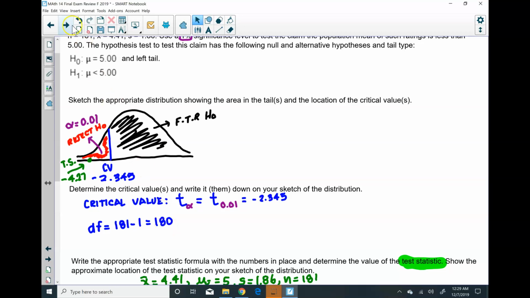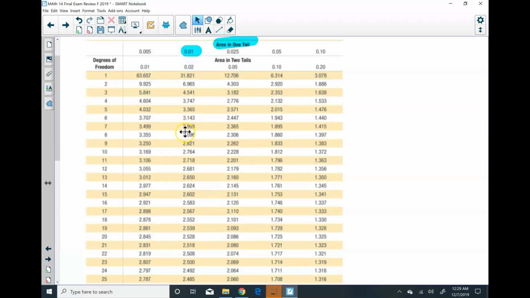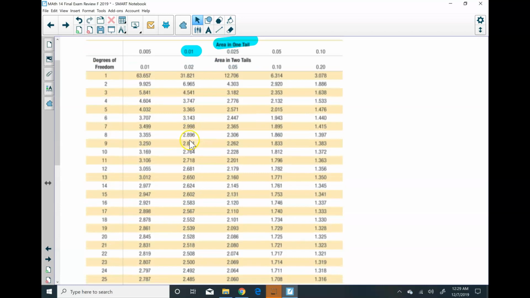So we go to the critical value chart. Since we're talking about an area in one tail, we're looking at the significance level of 0.01, so we look at this column here, and then scroll down and look for the value of 180 to your left.